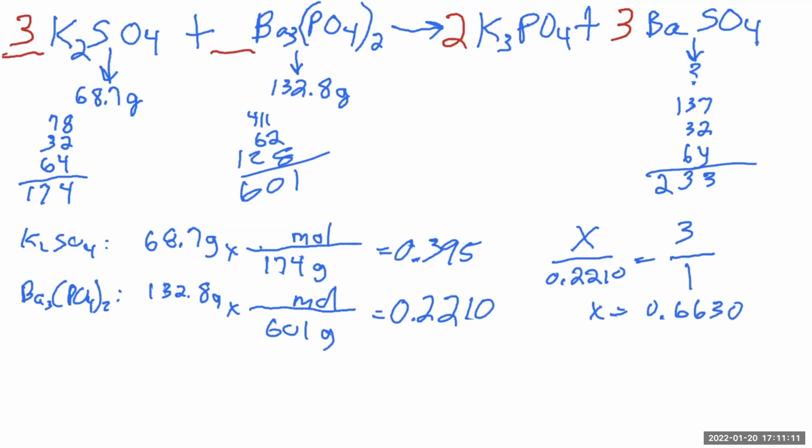Do we have 0.6630 moles of potassium sulfate? No, we've only got 0.395, so we don't have enough. So this is going to be our limiting reagent.